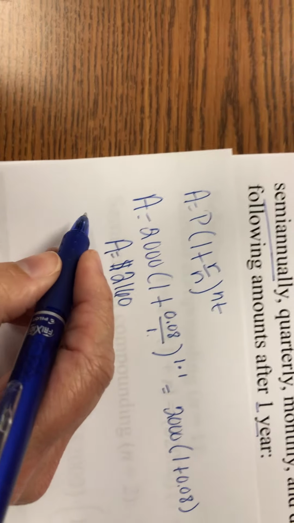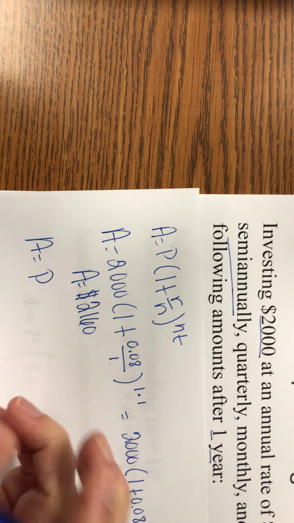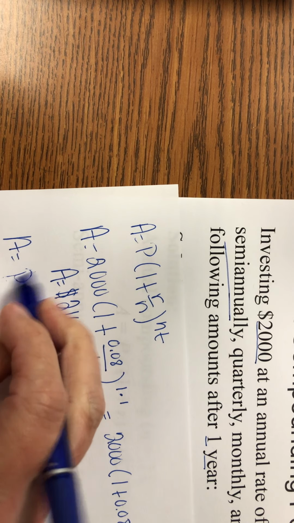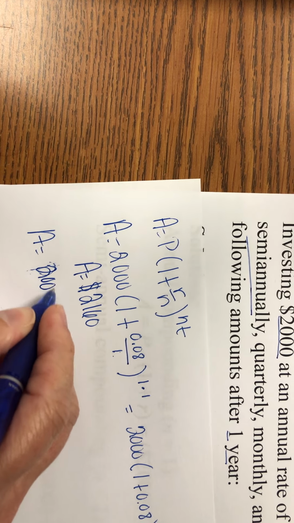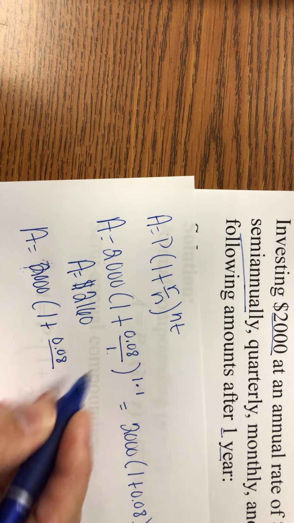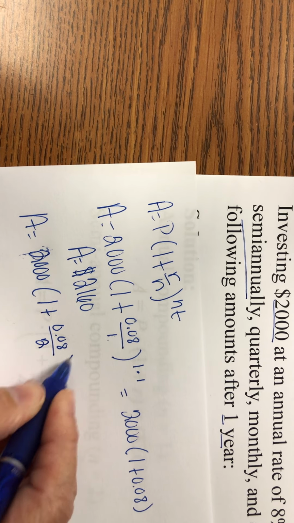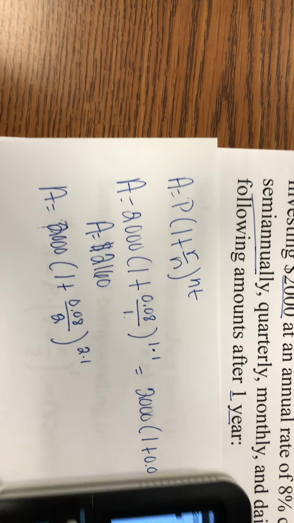semi-annually. So to compound semi-annually, we'll have P is 2,000 times 1 plus our rate, which is still 0.08, over semi-annually is 2 times per year. Okay, so let's plug this into our calculator.